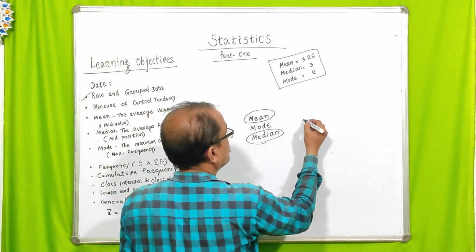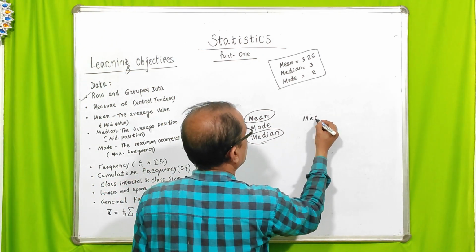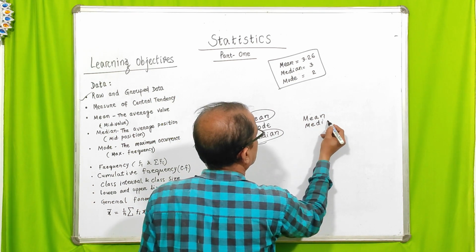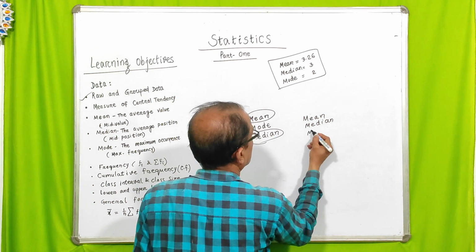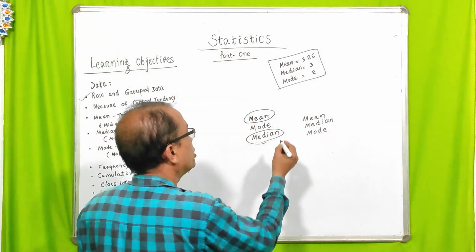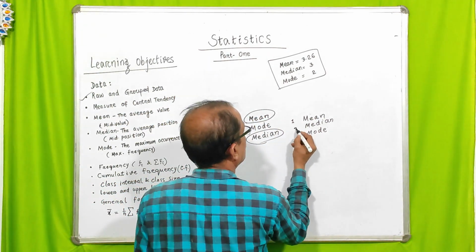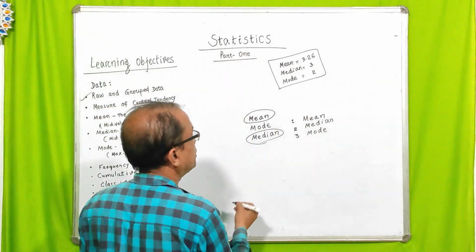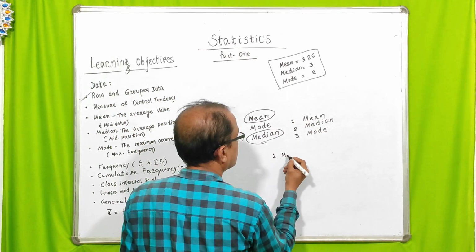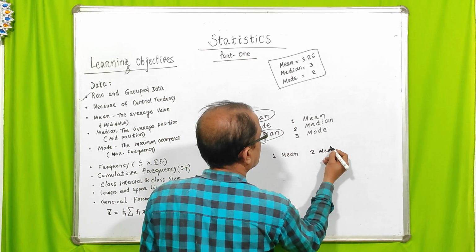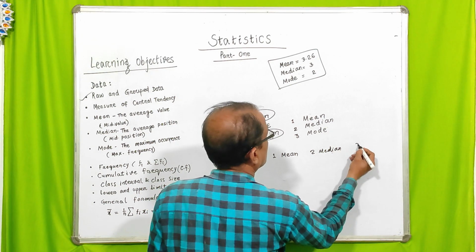They can be put in dictionary order like this. And if we number them 1, 2 and 3, then we find 1 mean, 2 median and 3 mode.